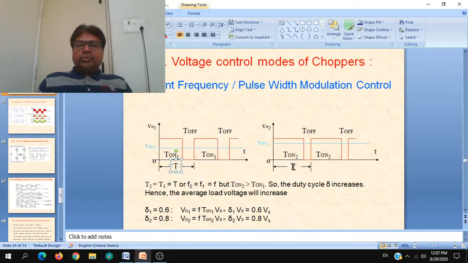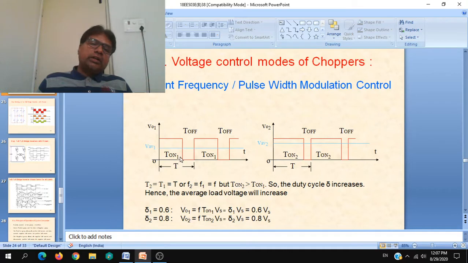You will keep the time period constant. Time period constant means frequency, that is chopping frequency, is also constant. So to keep chopping frequency or chopping time period constant, either you can increase or decrease the turn on time or turn off time.